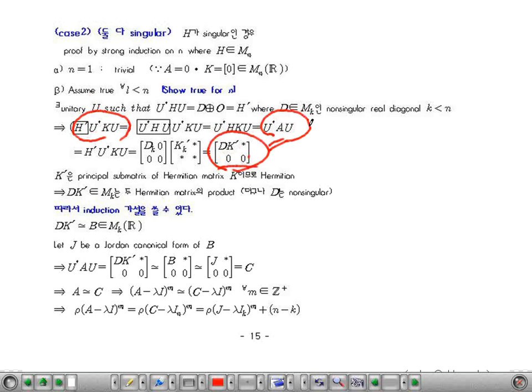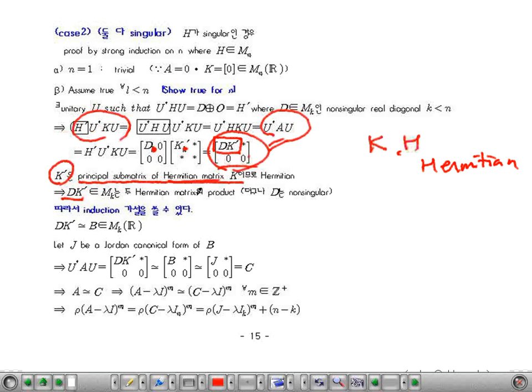So now think about this K prime. This K prime is the principal submatrix of the Hermitian matrix K. K and H were both Hermitian. So what is this DK prime?